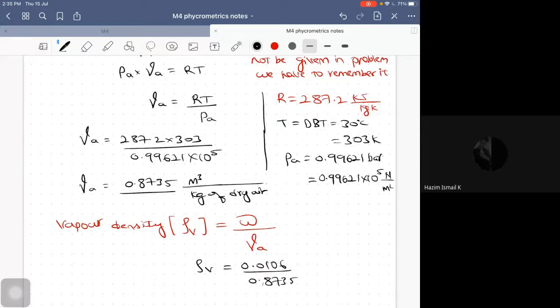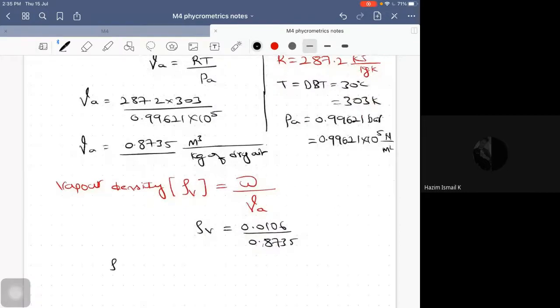What's the value of vapor density? 0.0121. Exactly correct. It is per meter cube of dry air.